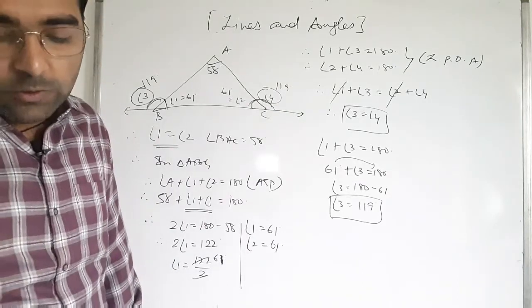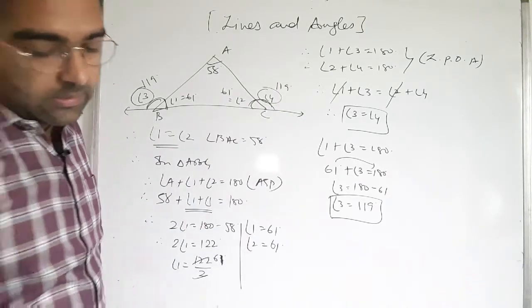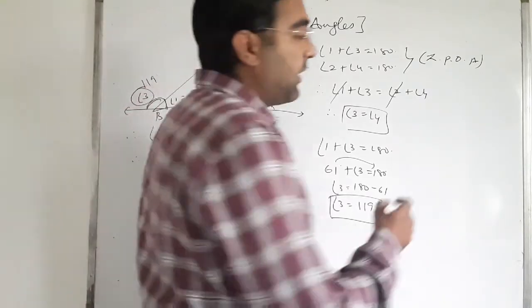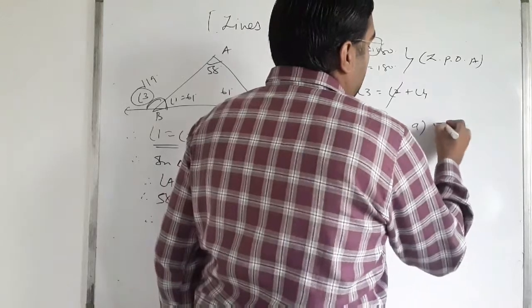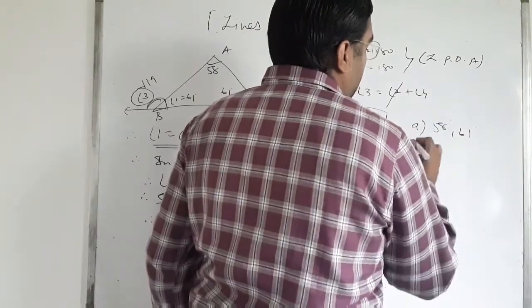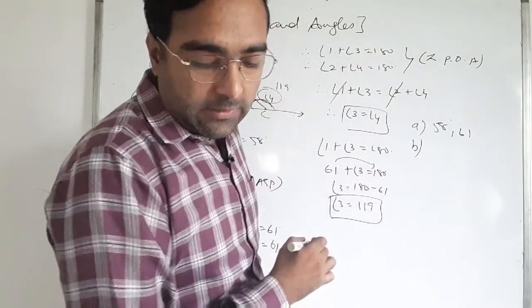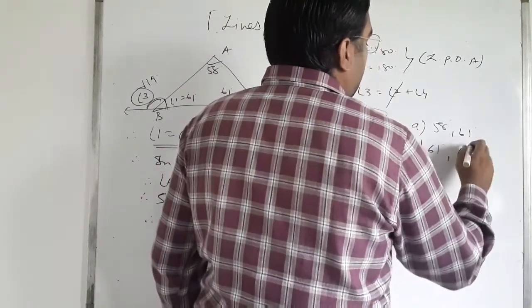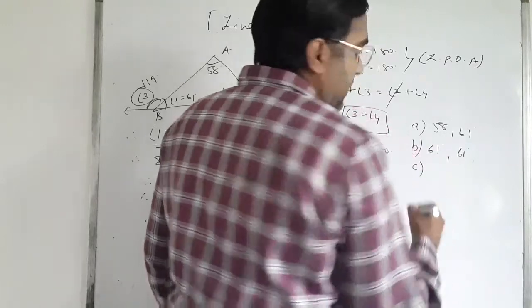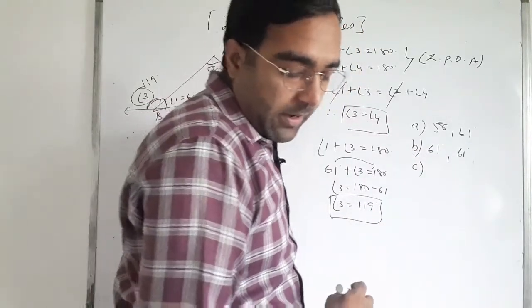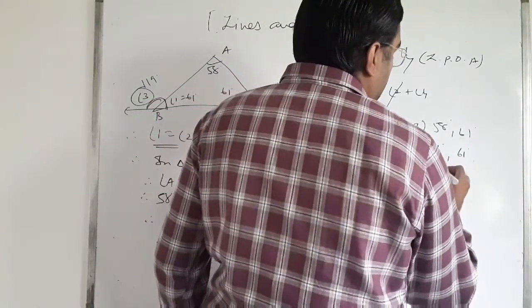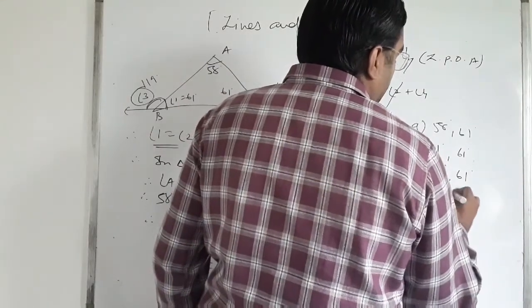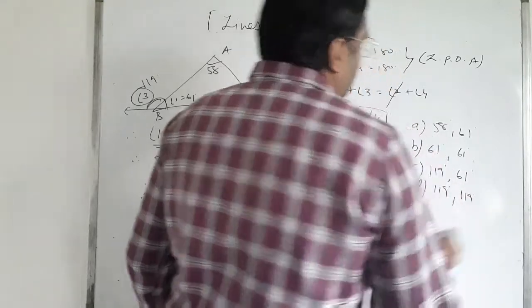From the options: option A is 58 and 61, option B is 61 and 61, option C is 119 and 61, and option D is 119 degrees and 119 degrees.